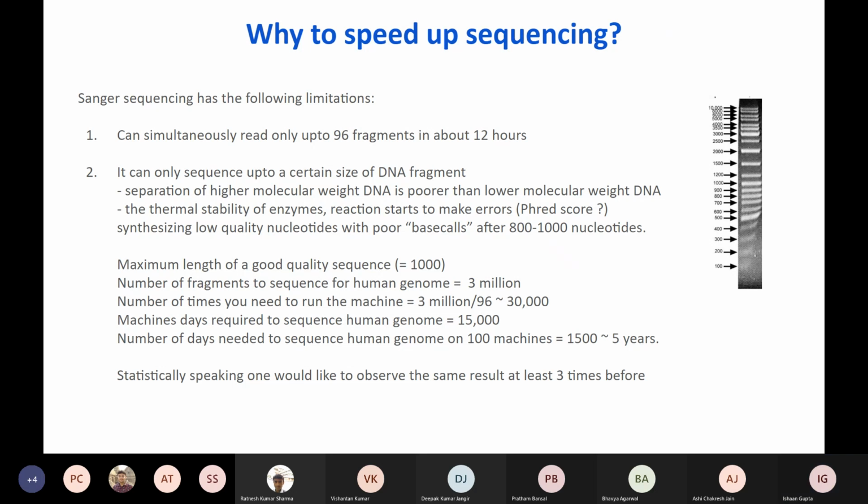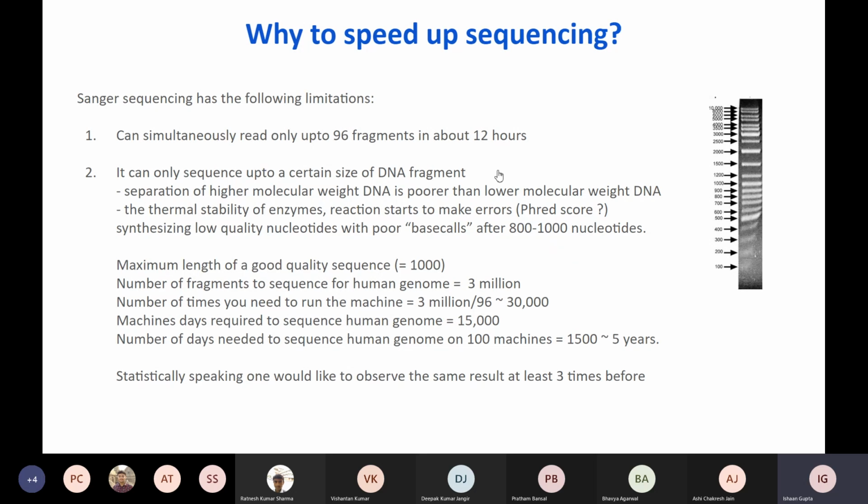All right. But during this process, it was very clearly appreciated that we need to speed up sequencing. Here is an example of some calculations. I asked this question initially in the class, but none of you answered.